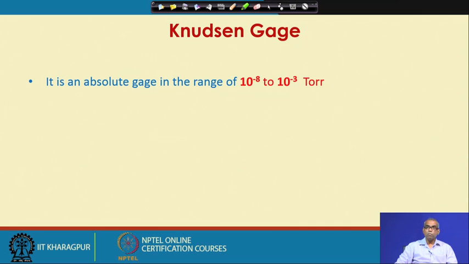Certain important points about Knudsen gauge. It is an absolute gauge in the range of 10 to the power minus 8 to 10 to the power minus 3 torr. It is independent of gas composition. Please note that in the formula that will be used for computation of pressure, no information about the gas that is being used has been put.